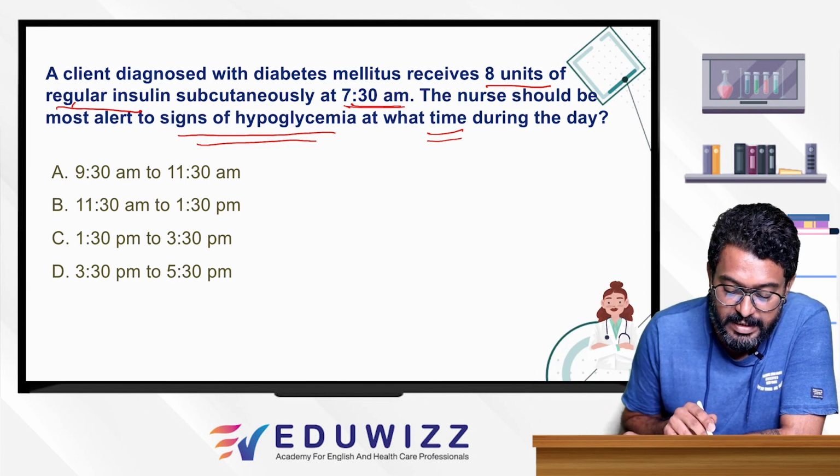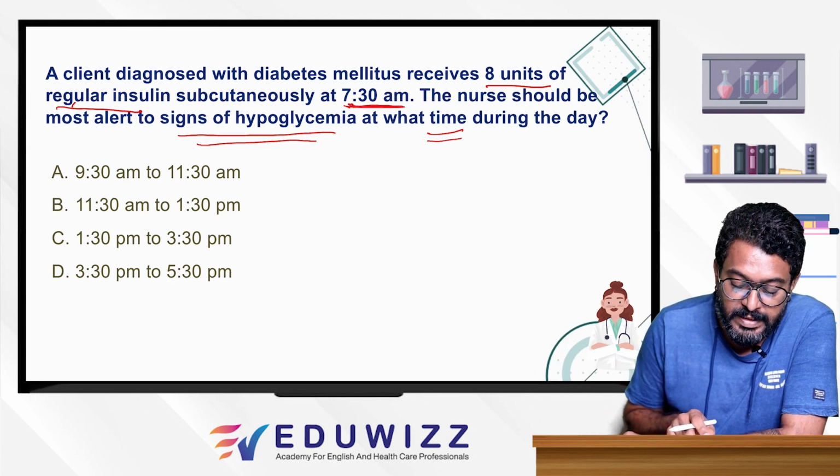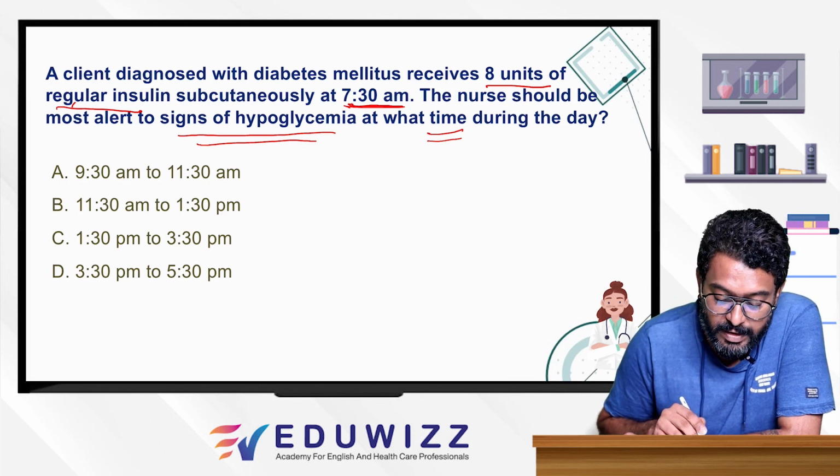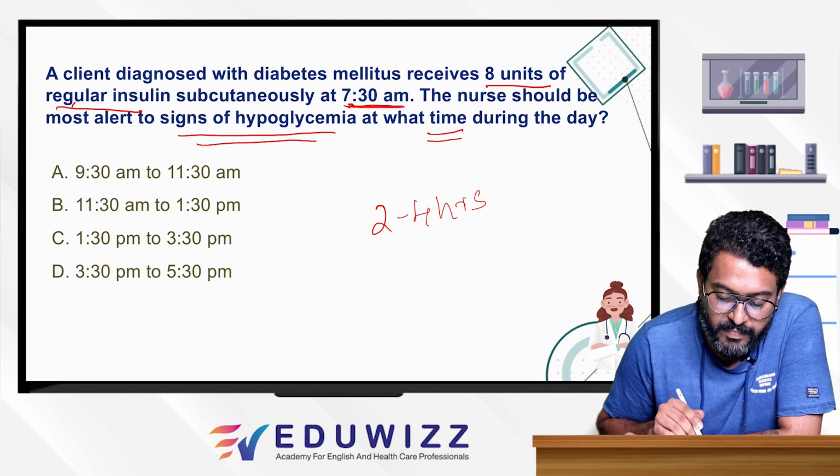7:30 is the time the insulin was given, and the peak hour of regular insulin is 2 to 4 hours after administration.